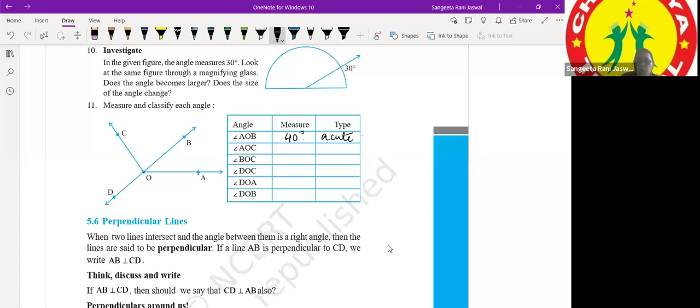So same way you will do for AOC also. You will see here AO and C. So this is some measure, just write down, and what type it is, that also you have to write. Then you have DOC. DOC is here. So just write down for all these angles, their measure and what type it is.